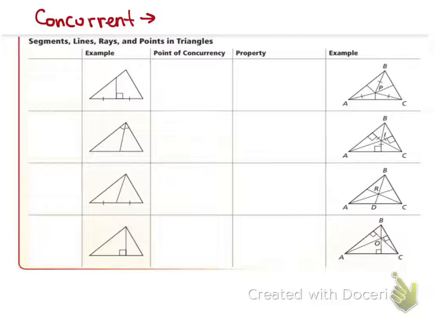Thank you. So it's when 3 or more lines, is the first one on the board. To shorten it, we're going to do 3 plus lines that intersect. Concurrent means 3 or more lines that intersect. It's a plus sign.